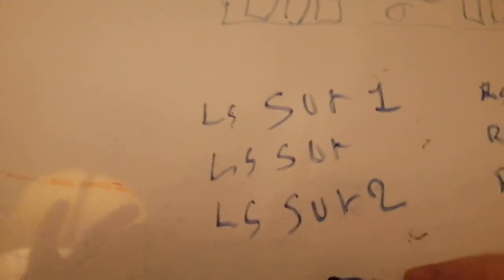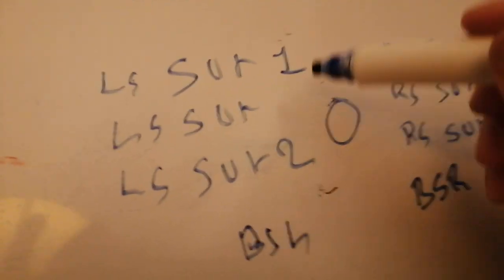Okay, so there's 3 here. Of course, back here, back surround left, back surround right. So this diagram here would be the original surround configuration, as well as an Atmos one.